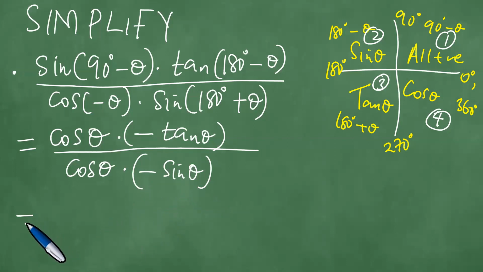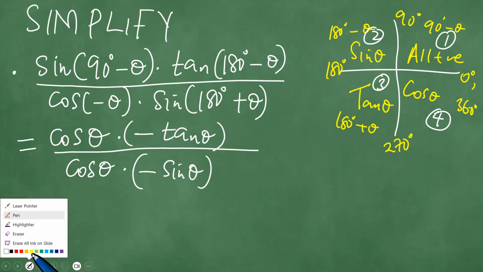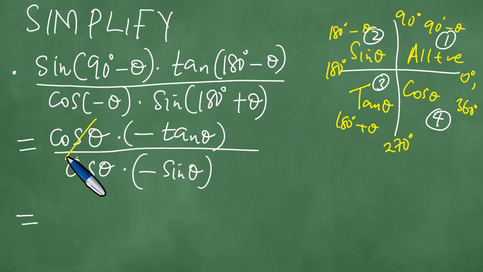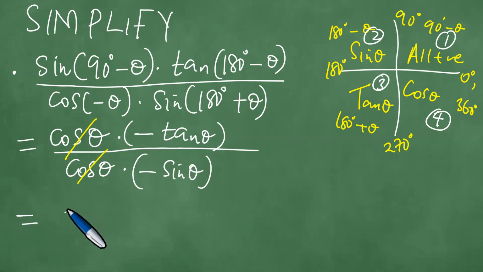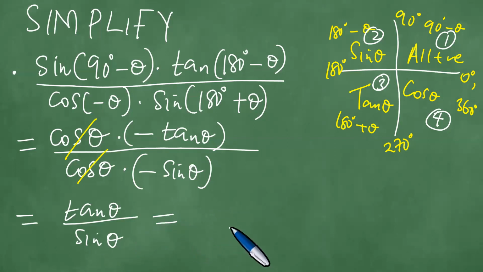Okay, what do we get out of this here? Cosine cancels out, negative cancels out, giving us a positive, and therefore we have sine theta. The tangent of theta is sine over what?